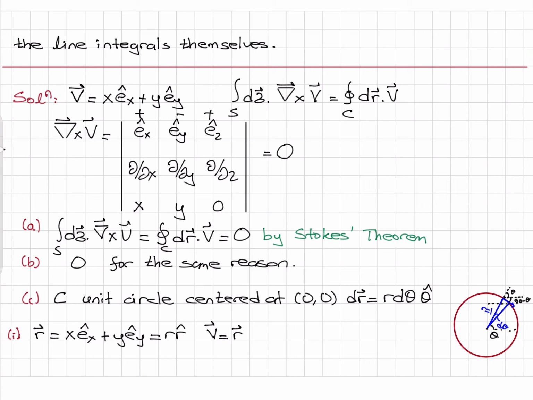For a unit circle, obviously the magnitude of r is equal to 1. And the small displacement vector dr is r d theta, theta hat, and since r is equal to 1, this is d theta, theta hat. So if I look at dr dot product with vector V, it is d theta, theta hat dot product with r hat.